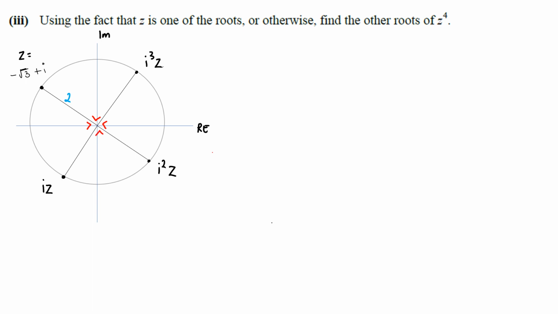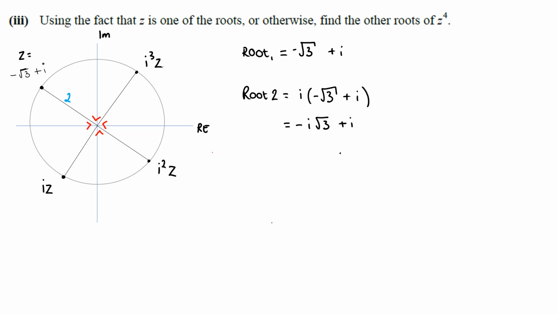So to figure out each root, root 1 is minus root 3 plus i. Root 2 is going to be i times this, i times minus root 3 plus i, which is going to be minus i root 3 plus i squared, which is minus 1 minus i root 3, and that makes sense based on where that is.